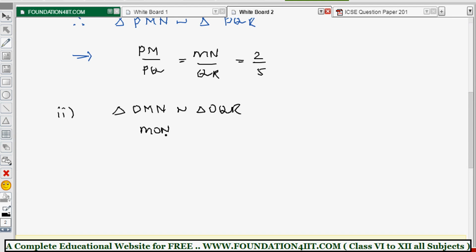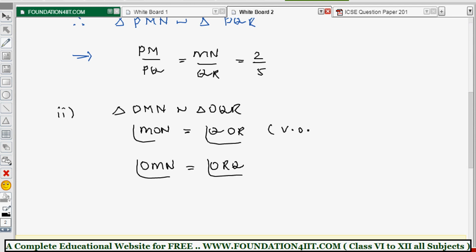Angle MON and angle QOR, these two are equal, because they are vertically opposite. And angle OMN is equal to angle ORQ.